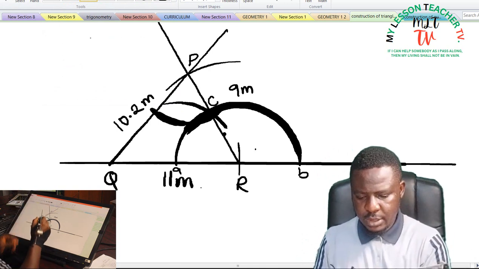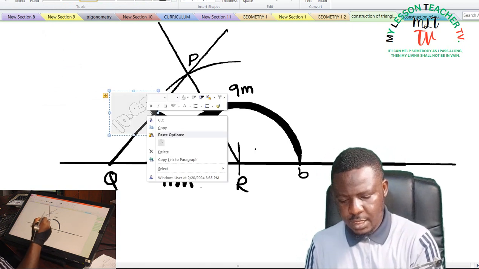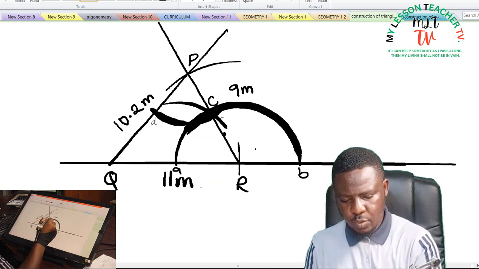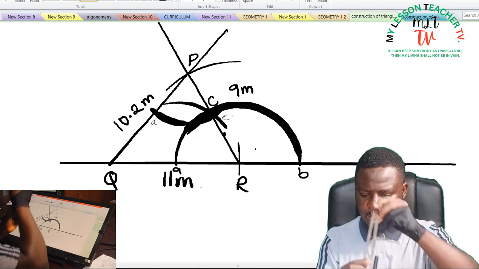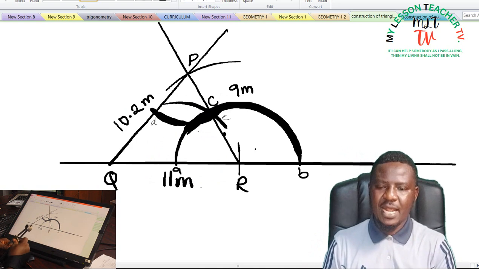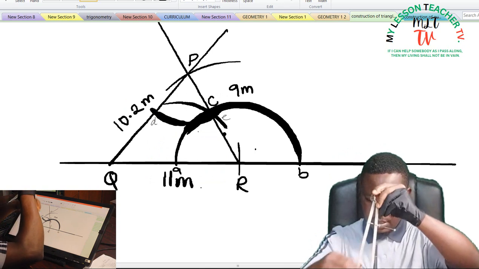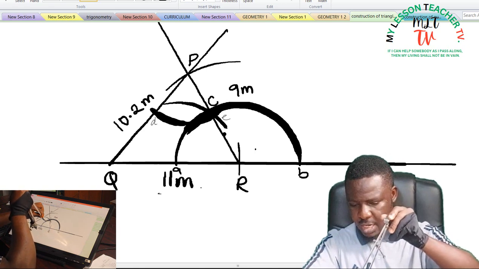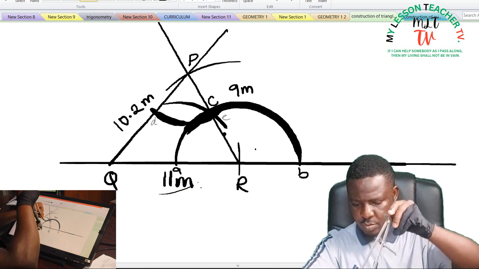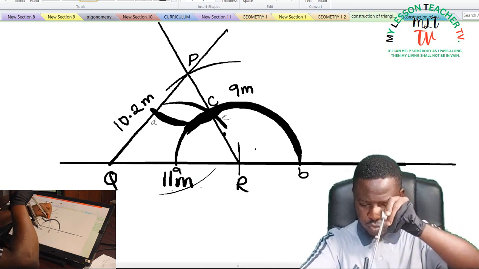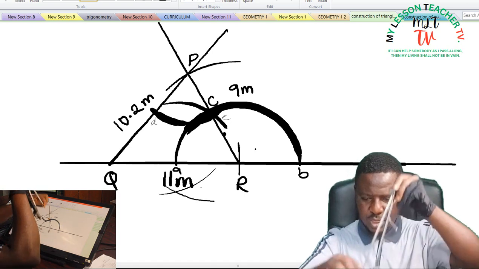Call this point D. Let me call this D, and this point E, such that with D as center and with any radius greater than half line DE, you construct an arc. So with D as center, I'll construct an arc this way below, and with E as center, I will do same, construct an arc this way.